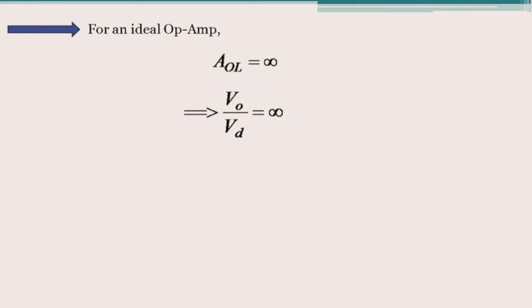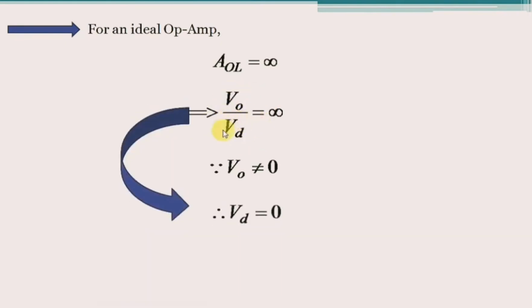The output voltage is present because of this open loop gain. Some millivolts or microvolts of signal is present at the output of an op amp even if the input signal is zero. So in order to satisfy this condition we have to maintain that the differential voltage Vd must be equal to 0.